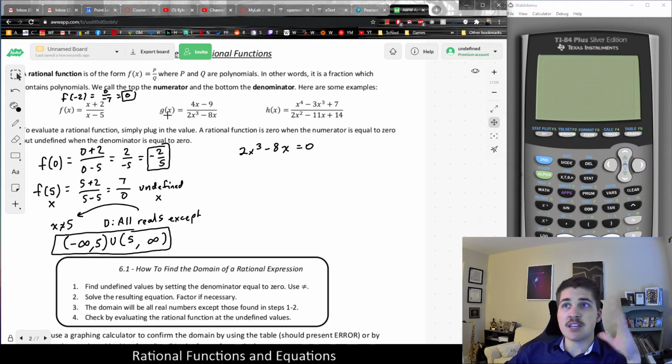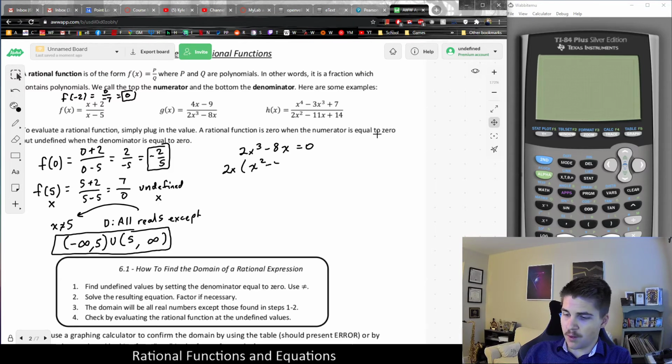Basically what I could do is write a polynomial equation, set it equal to 0, and solve. And as we discussed in chapter 5, to do this, we need to factor. I could factor out the GCF from this term, which would leave me with x squared minus 4. Then since x squared minus 4 is a difference of squares, it would factor as x plus 2 times x minus 2. And this leaves me with 3 answers.